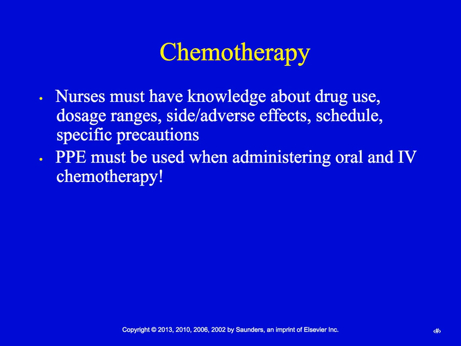There are some oral chemotherapy drugs out there. They are listed on page 418, table 24-3, current oral chemotherapeutic agents. You can look that over and see the different reasons why those might be given. Some are listed for ovarian cancer, breast cancer, so they're taken orally.